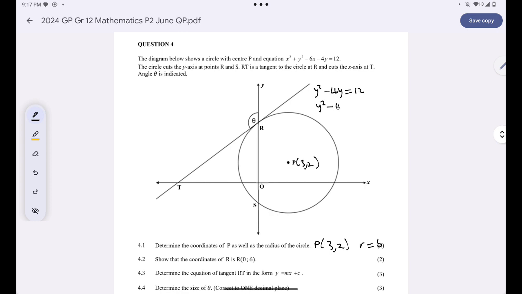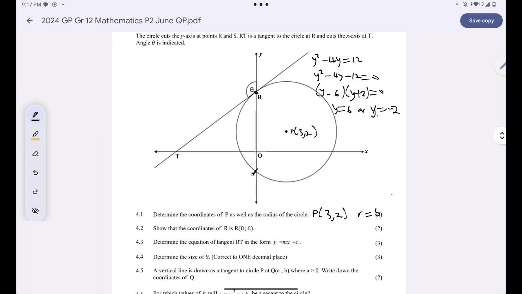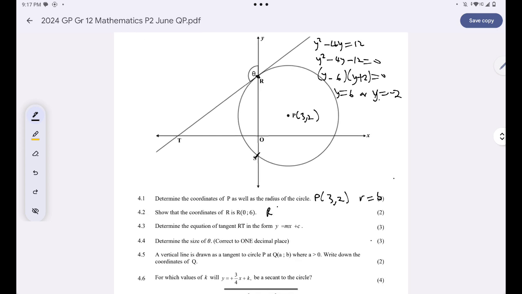Then y squared minus 4y minus 12, factors of 12 that when I subtract will give me 4: 6 and 2, minus and plus, then y is 6, or y is equal to negative 2. So the y value here will be negative 2, but the one at R will be 6 altogether. I know that x will be 0, and then y will be 6.